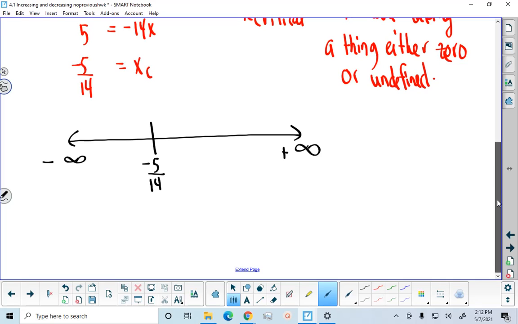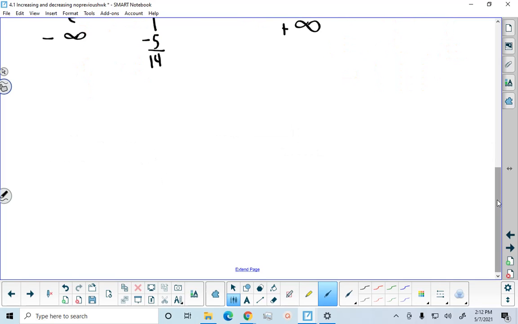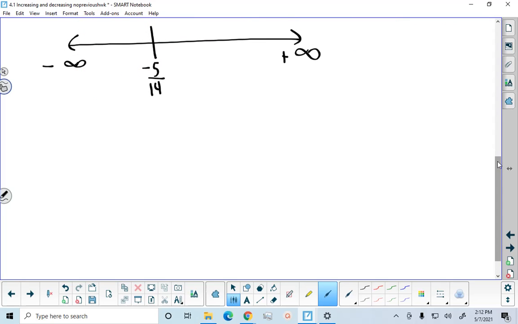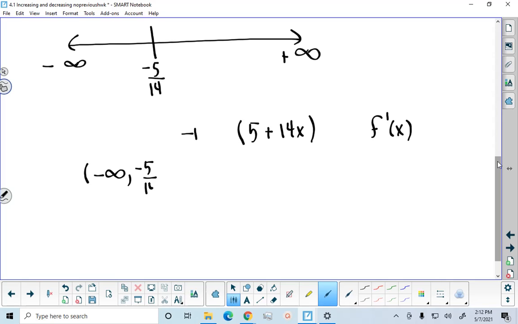So what we're going to do is a first derivative chart, where across the top we put all of the factors of the derivative. So the product of these gives us f prime of x. And across the bottom, or the side rather, we put the intervals that the critical values of x defined for us.